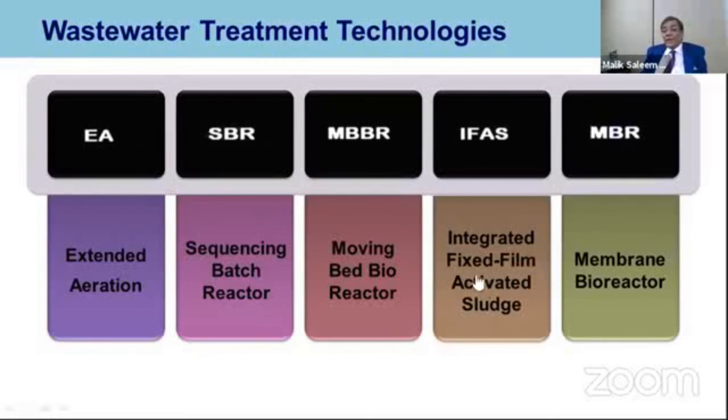Then we have integrated fixed film activated sludge process, IFAS, and MBR, membrane bioreactor. These are the same membranes which we talk about in the RO, and their application we will discuss when we come to the wastewater treatment module, where it's a long topic, my friends, and it requires a lot of time to develop very precise information for the student.